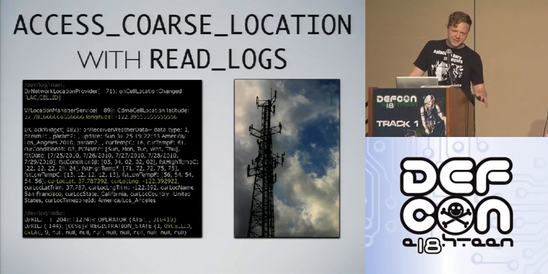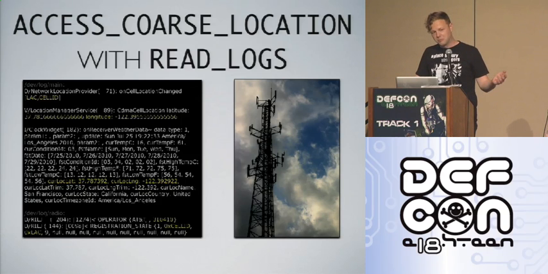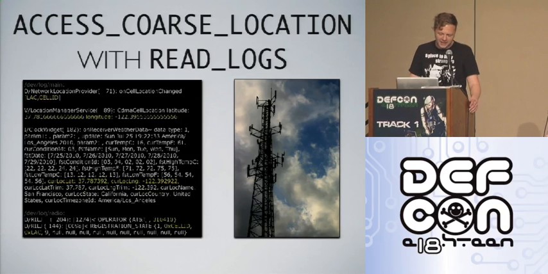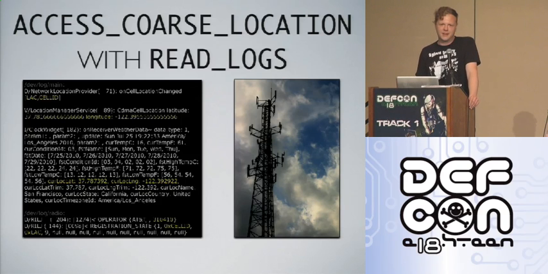That in and of itself doesn't tell us anything interesting, but we'll get to that in just a second. The CDMA sets actually log the full latitude and longitude of the tower in many cases. There's a very prominent clock and weather application that runs on a lot of handsets out there that also logs the equivalent of coarse location data to the system logs on a periodic basis, every few minutes.